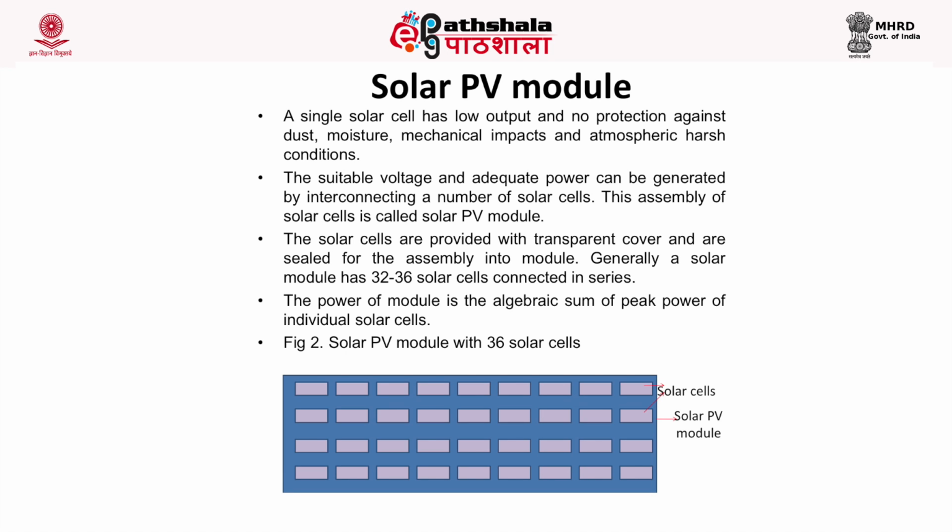The solar cells are provided with a transparent cover and are sealed for assembly into a module. Generally, a solar module has 32 to 36 solar cells connected in series. The power of the module is the algebraic sum of peak power of individual solar cells.